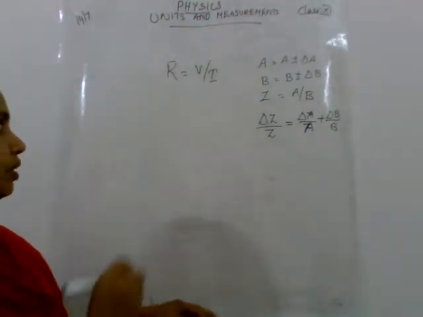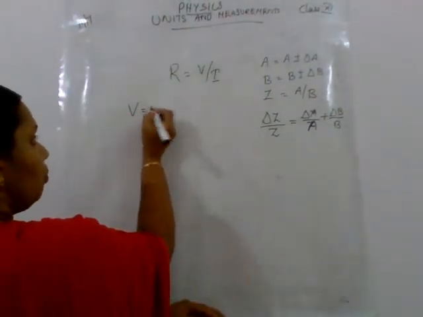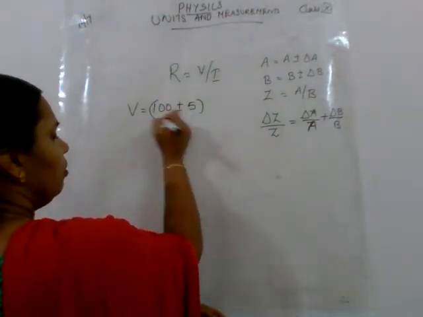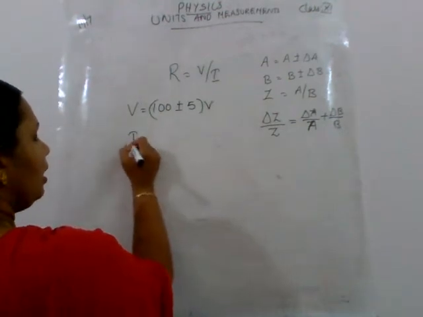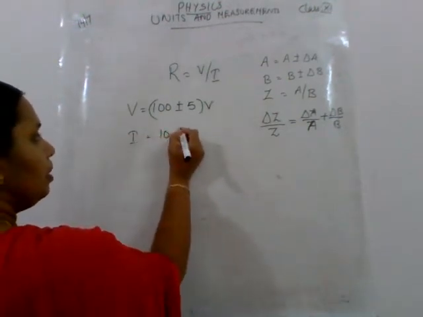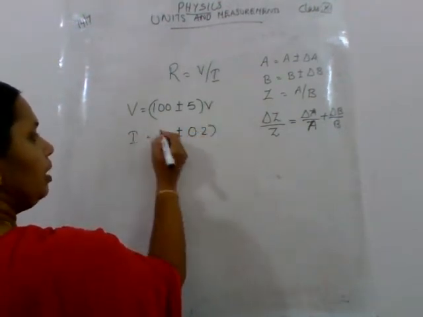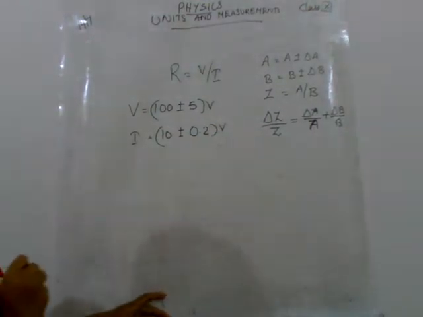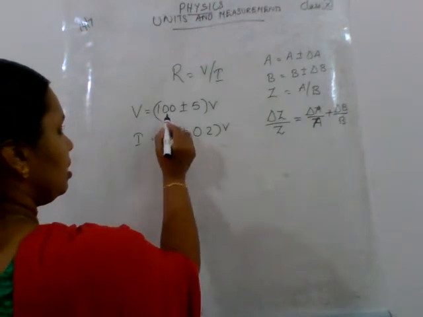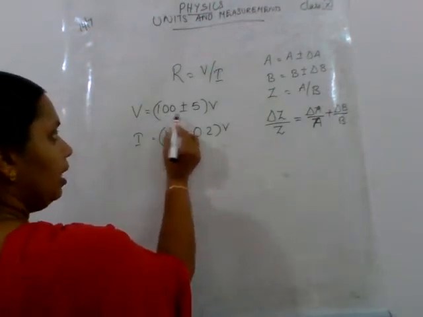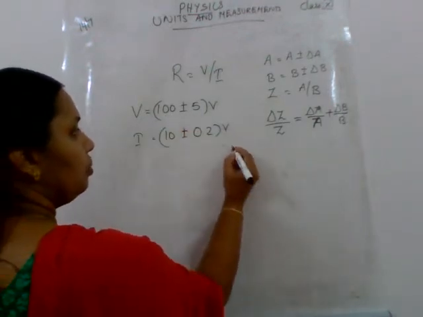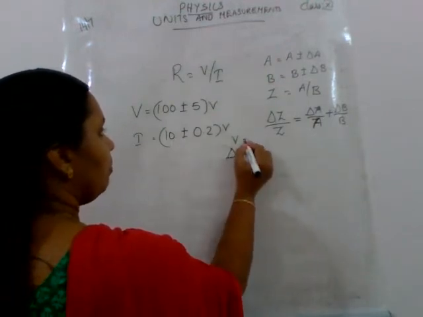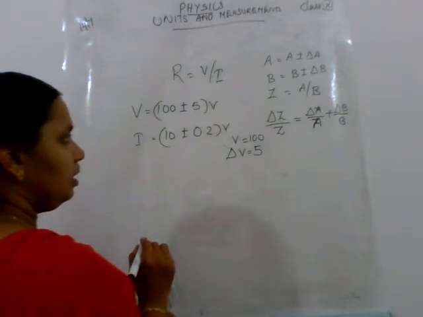So we can find out here what is V. V is equal to 100 plus or minus 5 volt and I is equal to 10 plus or minus 0.2 ampere. So here we can compare with this. This is V and this is delta V. So here delta V is equal to 5 and V is equal to 100.